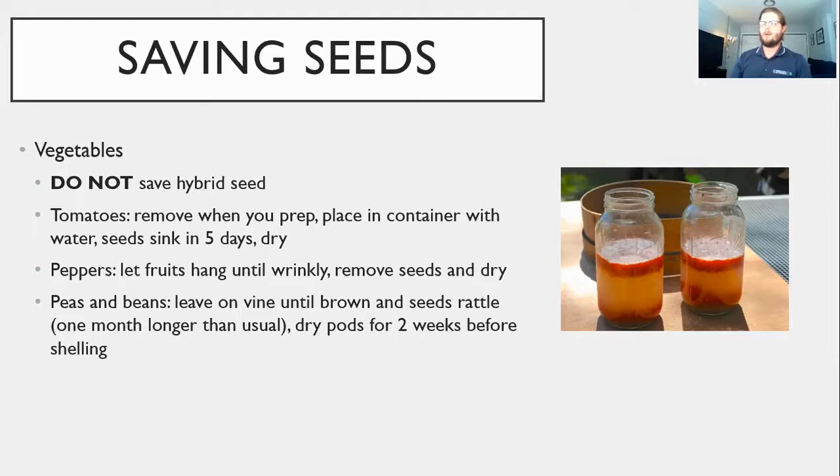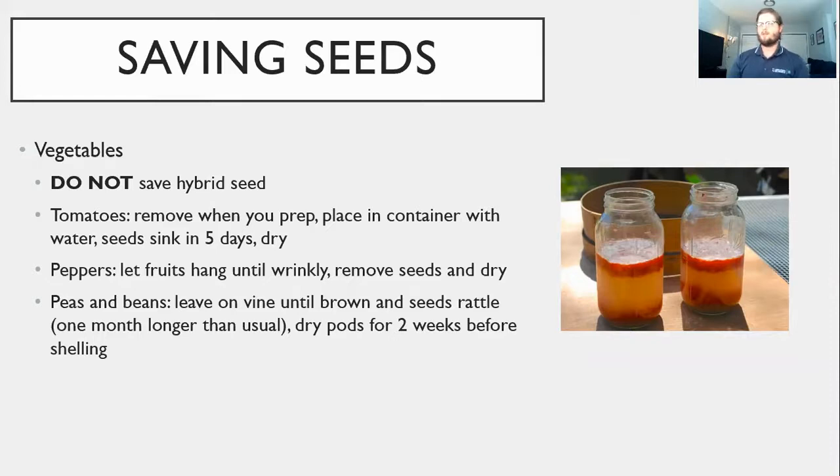This is either from hybrid varieties, from starts that maybe you've gotten from a big box store, if you've got your Better Boys or your Big Boys, or things you've gotten from a grocery store. A lot of the commercial varieties are hybrids rather than heirlooms. More often than not, these seeds will not be viable, or if they are viable, they're not necessarily going to be true to type.